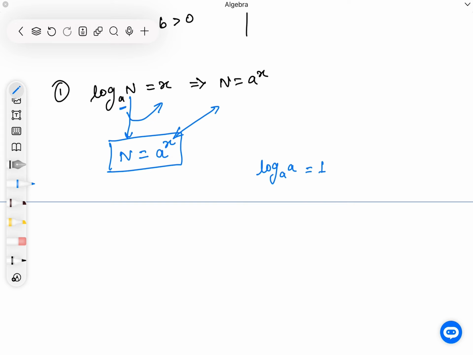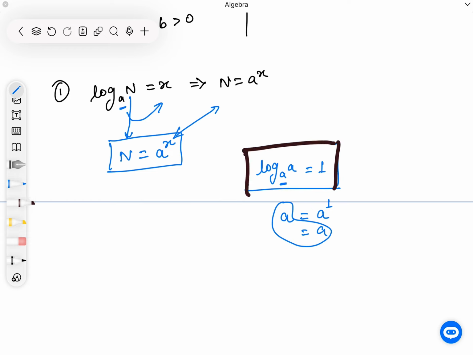Why? Because this a will remain on the left hand side and on the right hand side a to the power 1. And everything on the right hand side has become the power of the base. So a to the power 1, which is basically a. Yes. So that is why this result.